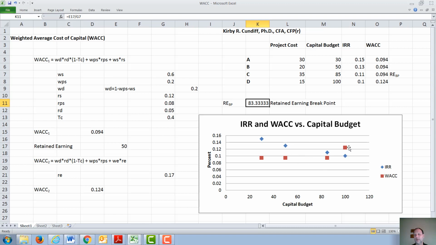For the final project D, we would be borrowing at a higher rate than we would be investing, therefore we would lose money and not engage in the project. Note in this case, if we had enough retained earnings, then WACC2 would be down here at WACC1, and we would probably still do project D.